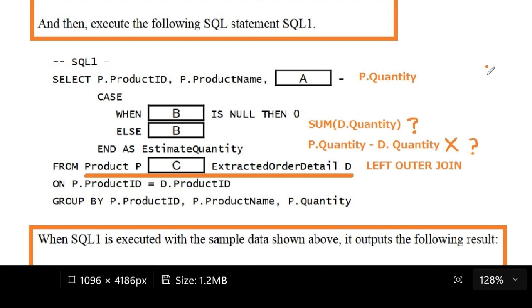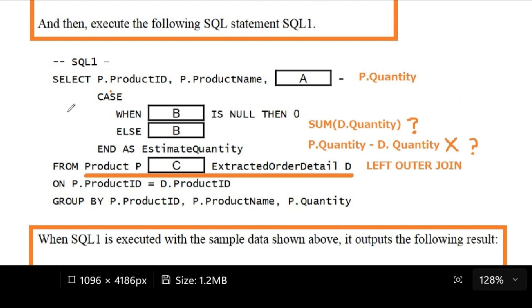Although in my case, when I first answered this about half a year ago, I didn't get all the answers correct. But if we analyze it, we should be able to at least somewhat understand why certain answers were like that.